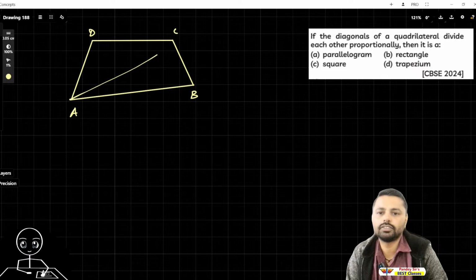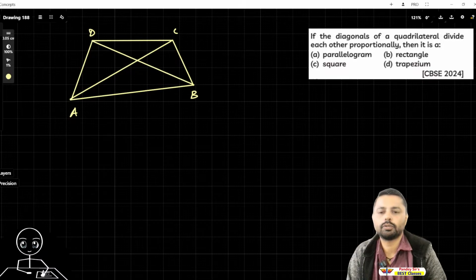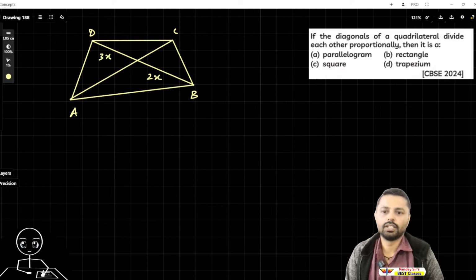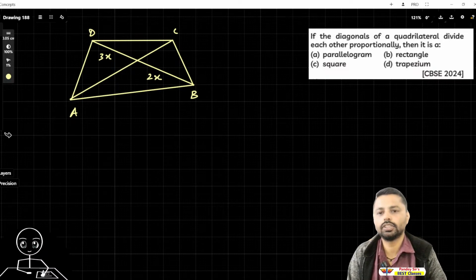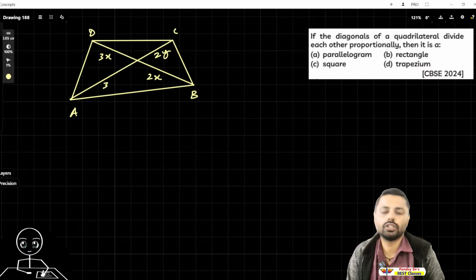So let's have these diagonals proportionally. Let's call it 2x, and let's call it 3x, just as an example. Let's call this one 2y, and let's call this one 3z.